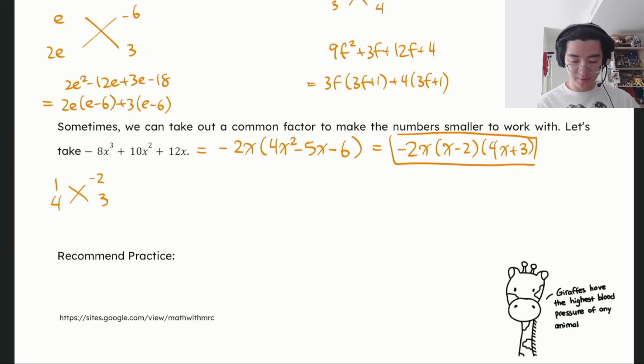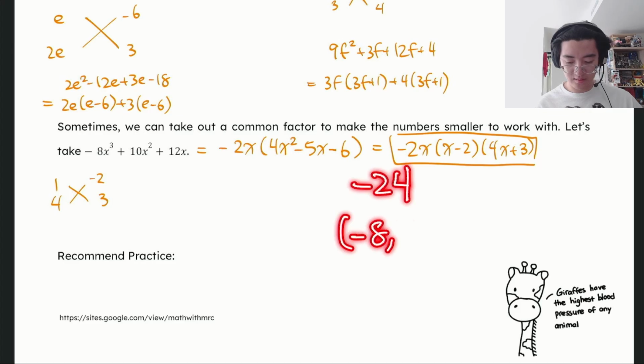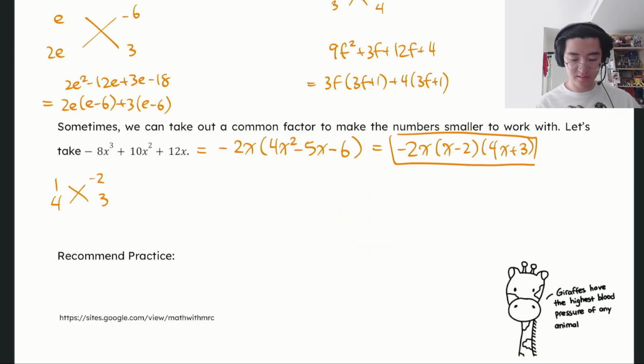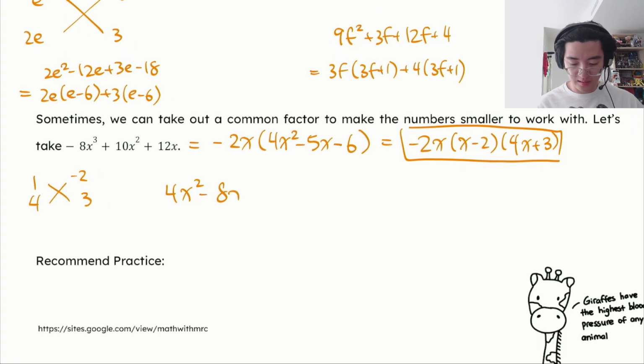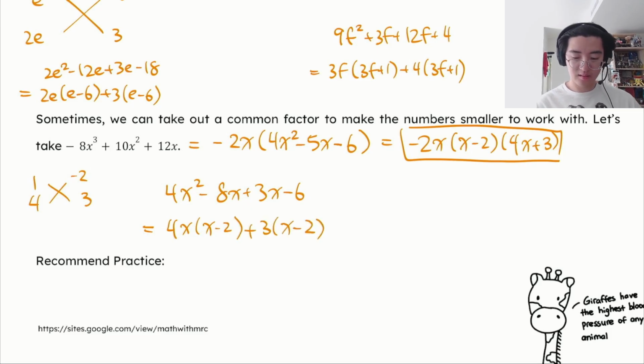Okay, of course, decomp. 4 times negative 6 is negative 24. 2 factors that add up to negative 5. So we got negative 8 and 3. Factor out this, factor out the 3. Okay, oh, there we go.